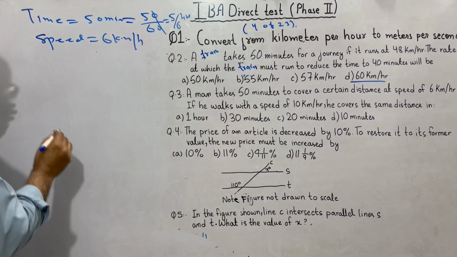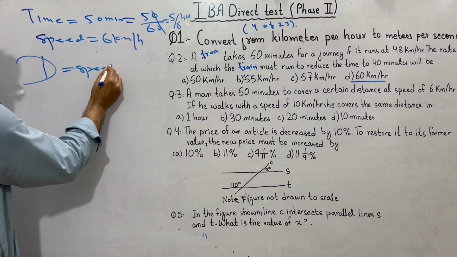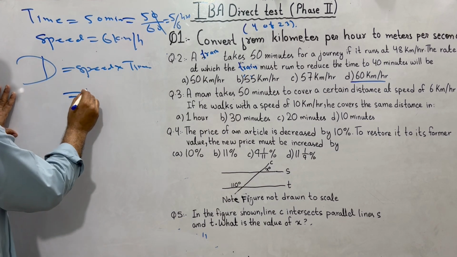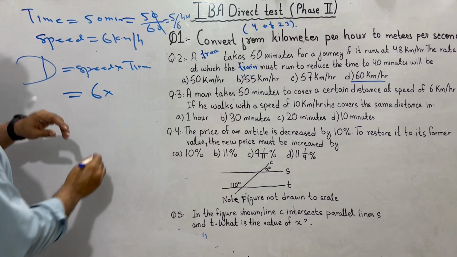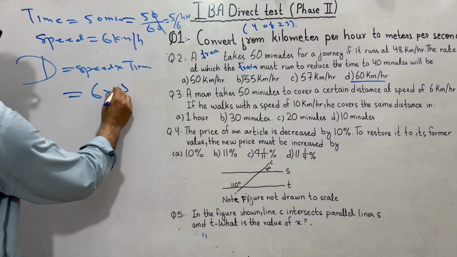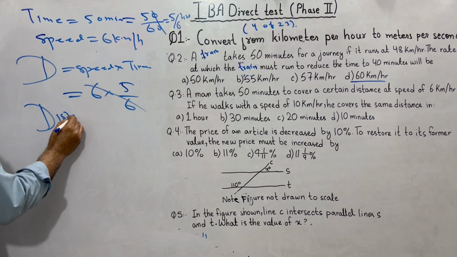Let's calculate the distance. Distance is equal to speed times time. Speed is 6 and time is 5 over 6. The 6s cancel, so our distance is 5 kilometers.